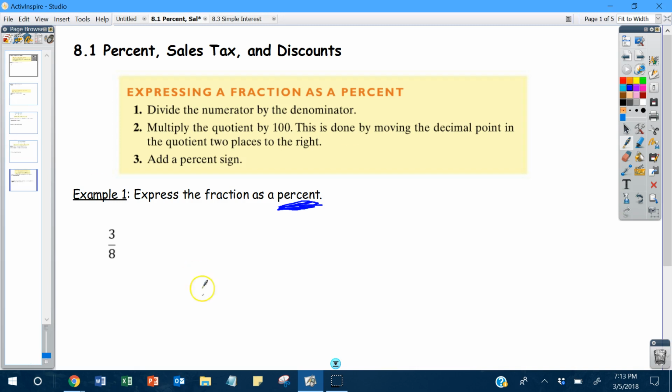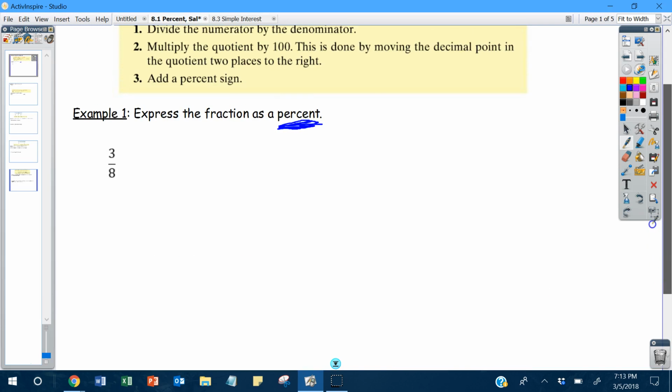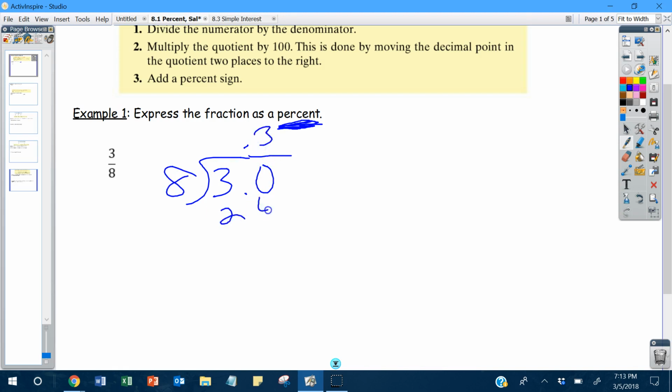We're just going to treat this 3/8 as a regular division problem, 3 divided by 8, and I'm going to do it the long division way. Notice this number is smaller than the 8, so I'm going to put a decimal there and a 0, and now I can do the regular long division. 8 goes into 30 3 times, and I get 24 here.